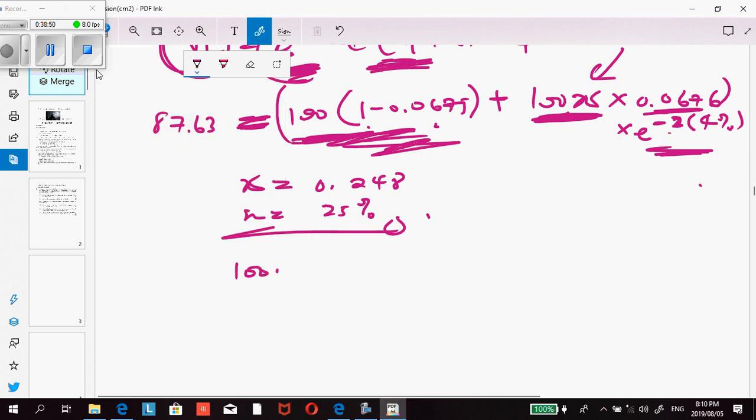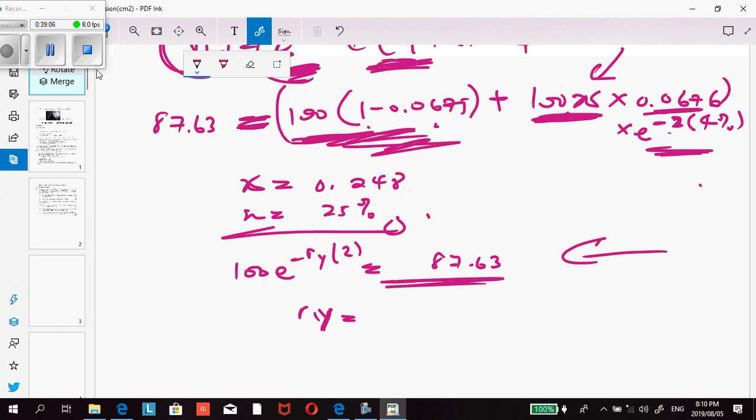We're going to discount our redemption value at a yield RY for 2 years. There we're going to get the price, which is 87.63. And you can solve this equation, I'm sure. Divide by 100, take the natural log and divide by 2. You're going to get your RY to be equal to what?